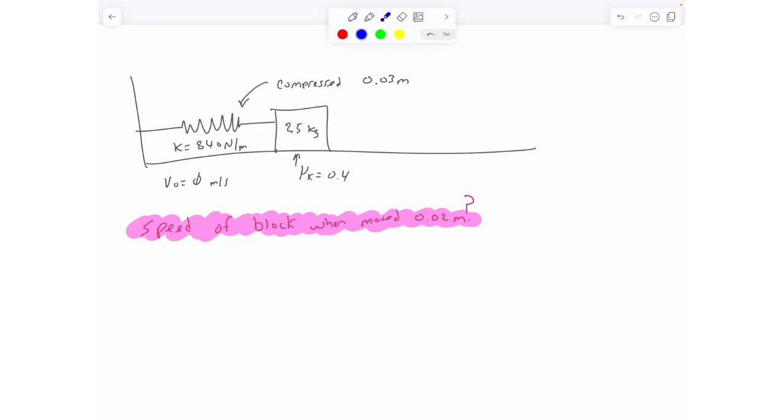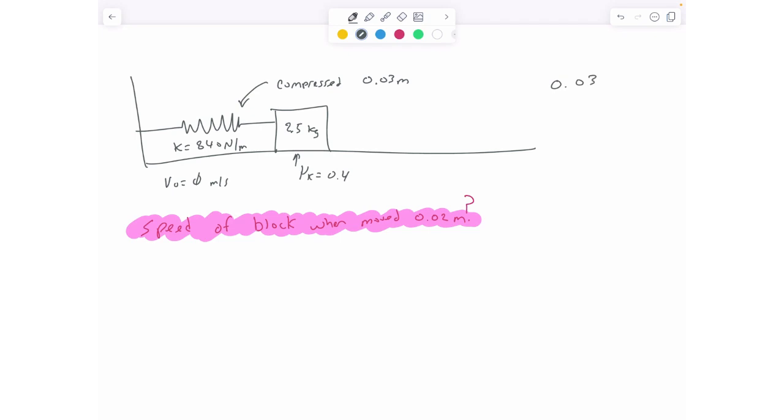So it's compressed in 0.03. Well, what's its speed or velocity once this thing has moved 0.02 meters? Now, it's still compressed. After you've moved this thing this way, 0.02 meters, it's still compressed because it's currently compressed 0.03.